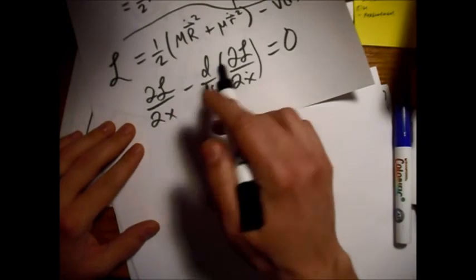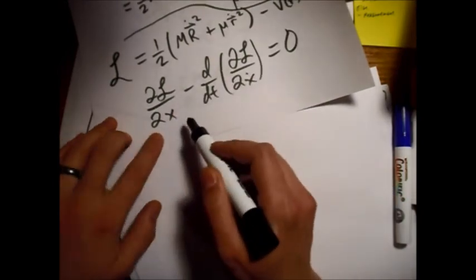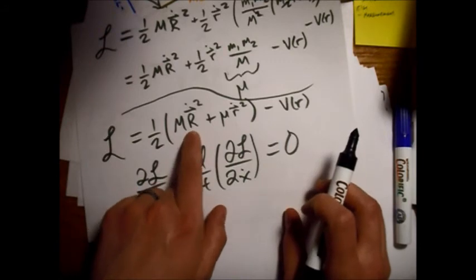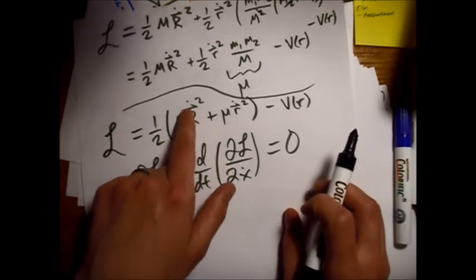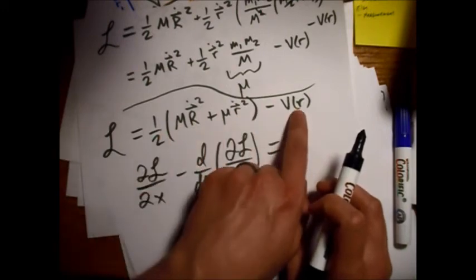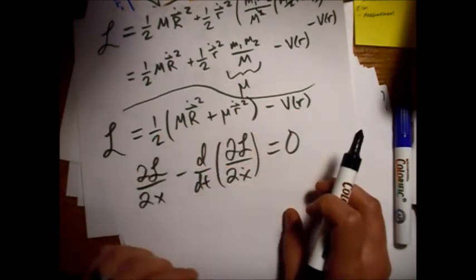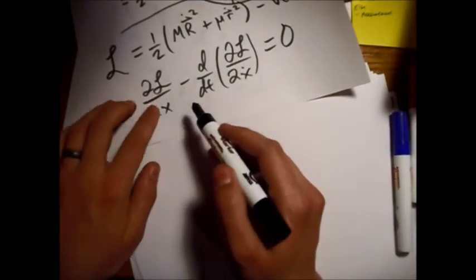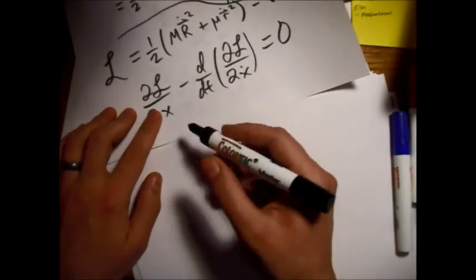Save little r for last. We don't see any place in the Lagrangian where big R appears without the derivative. The potential does not depend on it in this case, so this term is equal to 0.